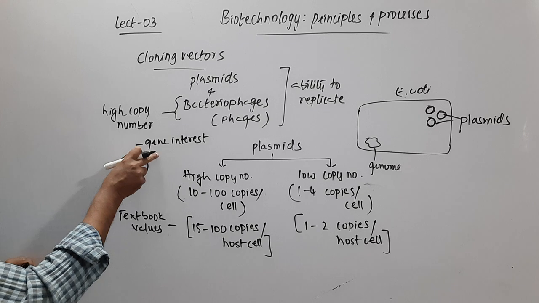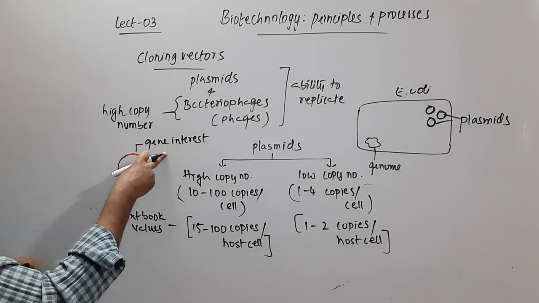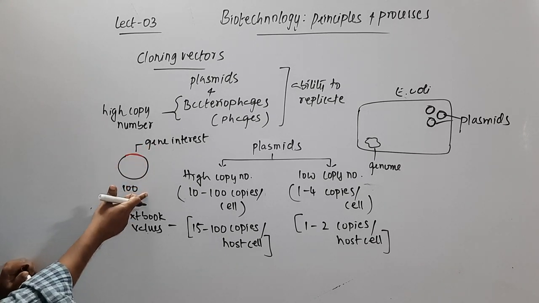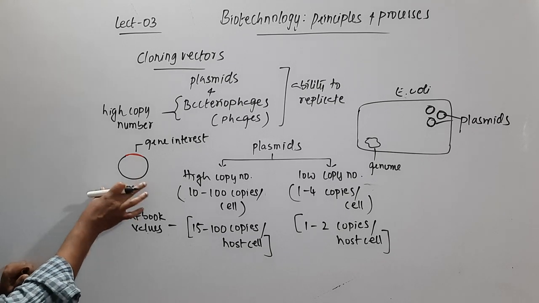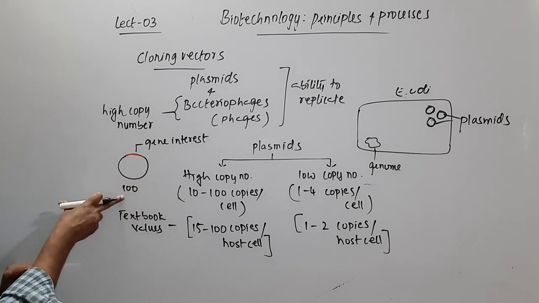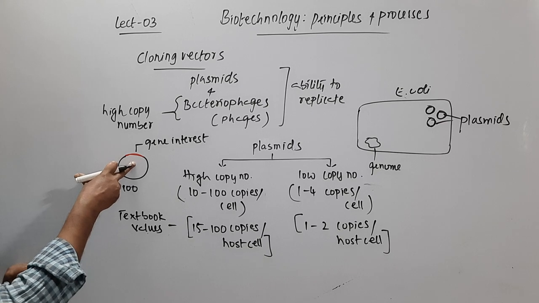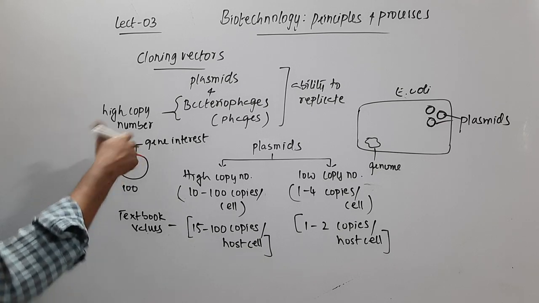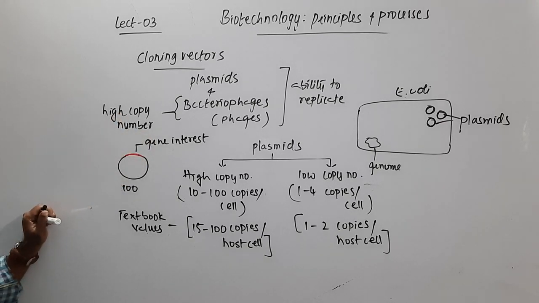So I can make copies of the gene of interest equal to the copy number of the plasmid. If the copy number of the plasmid is 100, then whatever gene I have linked to it will also get copied 100 times, right?